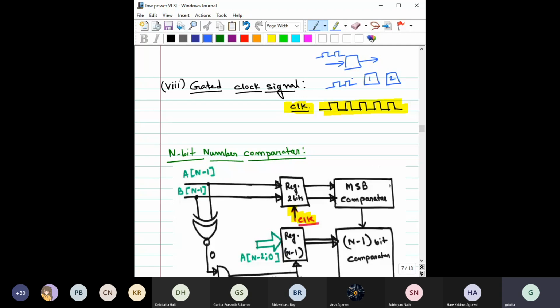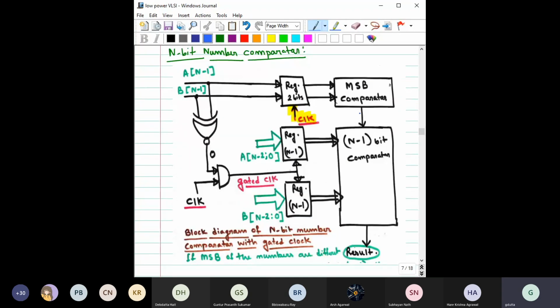The answer is no, because if you feed the clock here all the time, then these blocks will also dissipate a lot of power, right? And anyway, you are not taking the output at that time, so why use this clock here? Then basically you are blocking that clock from appearing at that particular block, right? That is basically called clock gating, right?